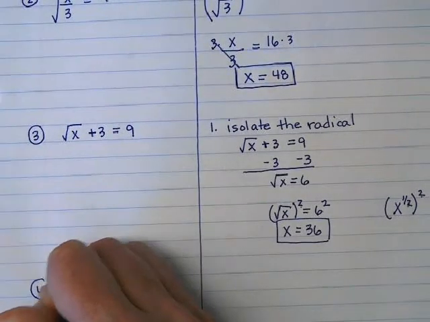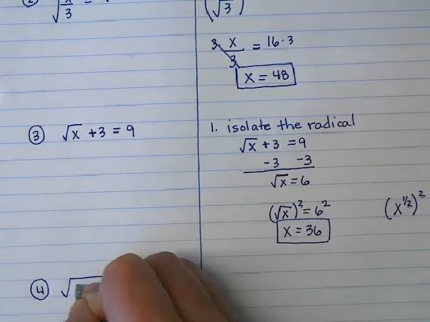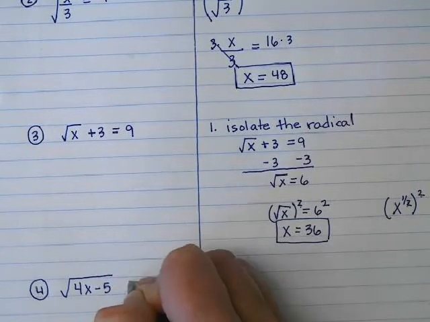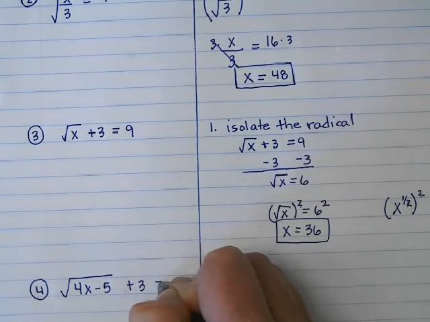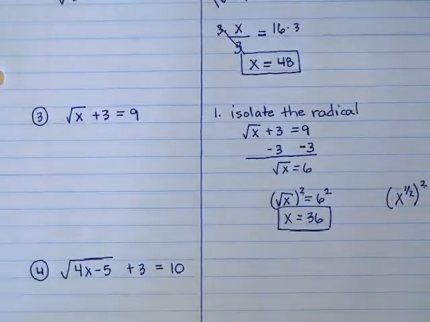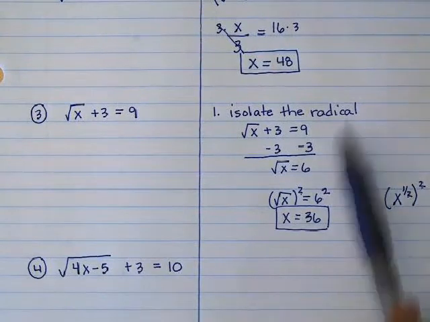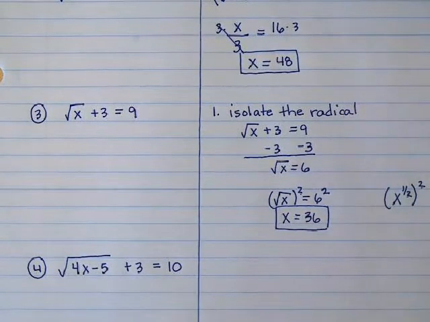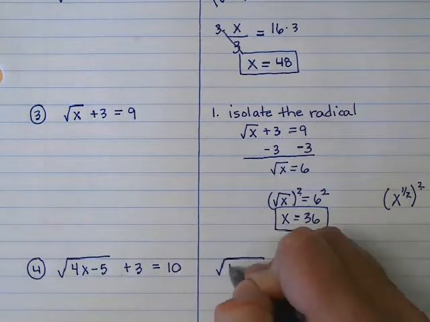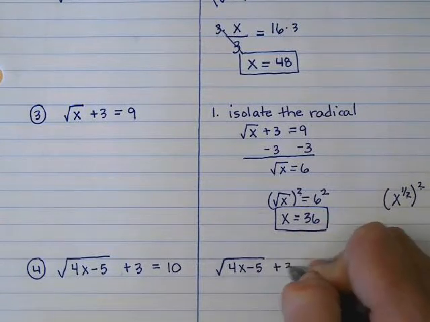Okay, what if it was like a bigger looking radical? So let's say we have like the square root of 4x minus 5, something like that. Okay, so same thing. Isolate the radical. Okay, so I'm going to go 4x minus 5 plus 3.